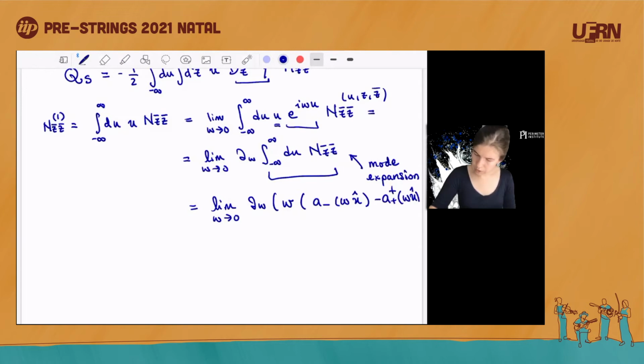So this is Q hat, the momentum. It's the momentum of a soft graviton at this point, but I'm taking the limit as omega goes to 0 of this expression.